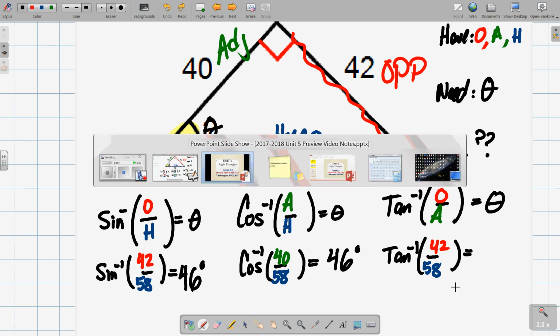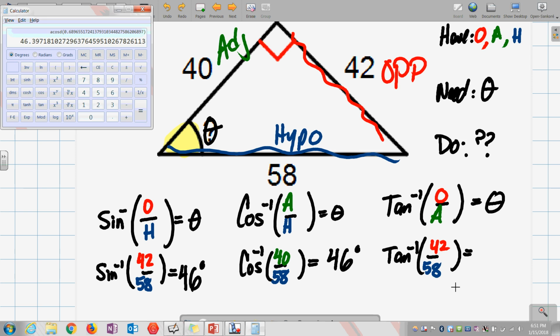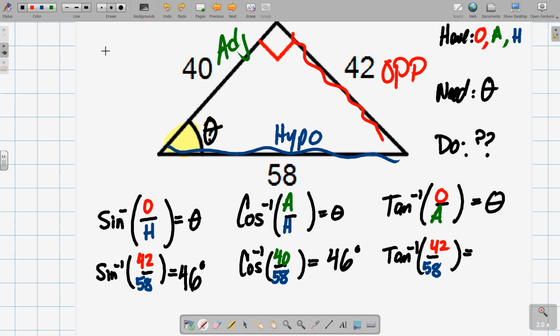Inverse tangent, 42 divided by 58, equal sign. Inverse, notice that's inverse tangent, inverse -1. Wait a minute, excuse me, I plugged my numbers in wrong. Hang on just a second. That's opposite over, got to keep my colors straight, adjacent. Kudos to those of you who were scratching your head, wondering what I was doing here.